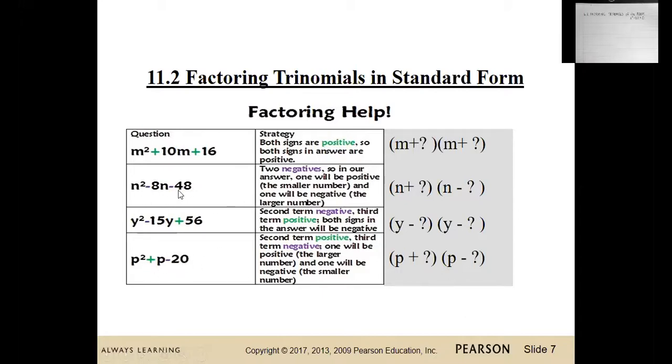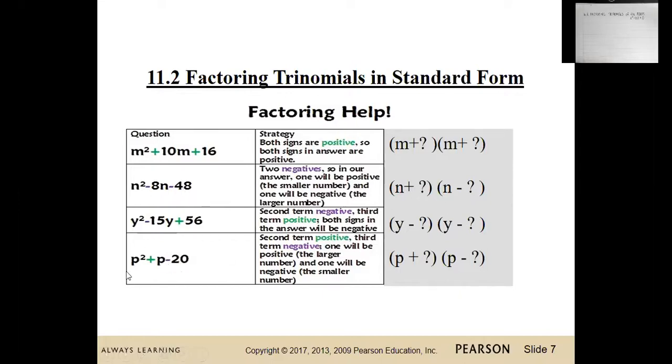The next ones I want you to look at are this one here and the last one here. So it's n squared minus 8n minus 48, p squared plus p minus 20. When that last term is negative, like negative 48 here and negative 20 here, these are a little bit harder. But when you set them up, that means one's going to be positive and one's going to be negative, because that's the only way when we multiply 2 numbers together, a negative and a positive, that we get that negative number.